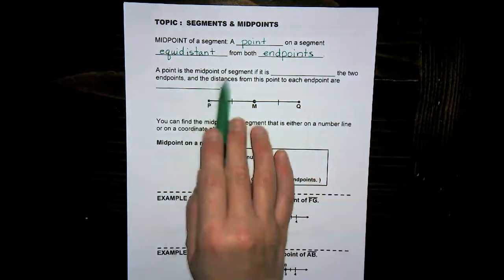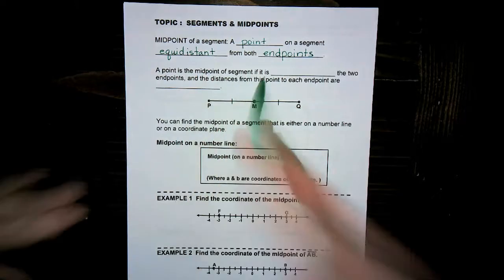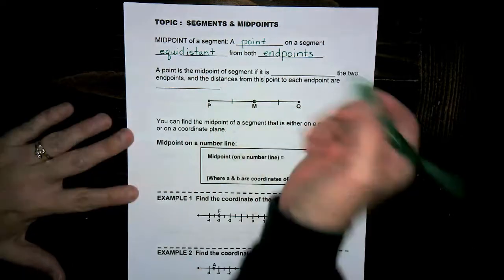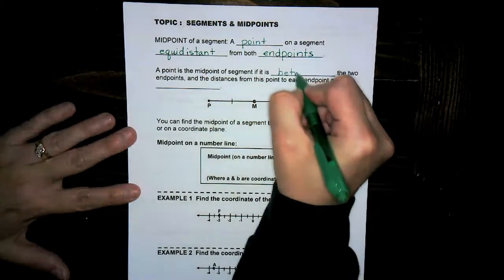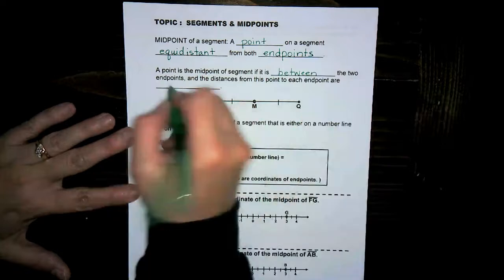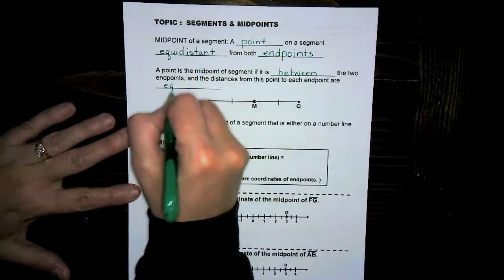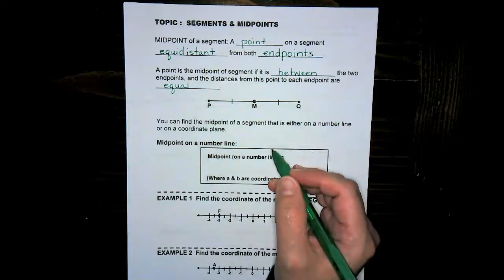Now, a point is the midpoint of a segment if it is between the two endpoints. That's important, and the distance from this point to each endpoint are equal. So a midpoint has to be between the two endpoints.